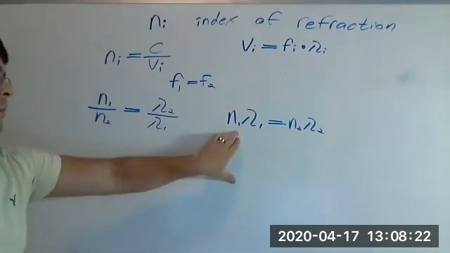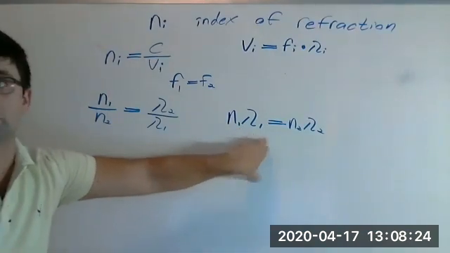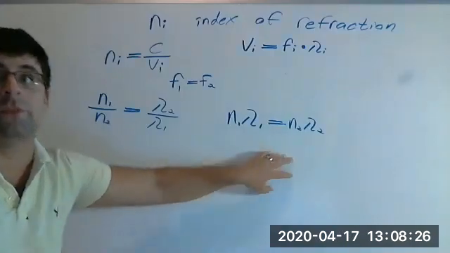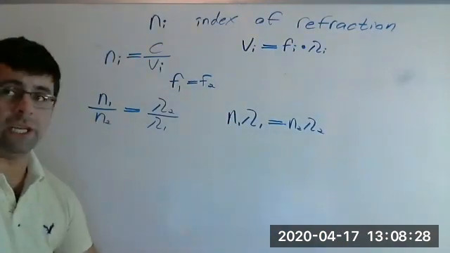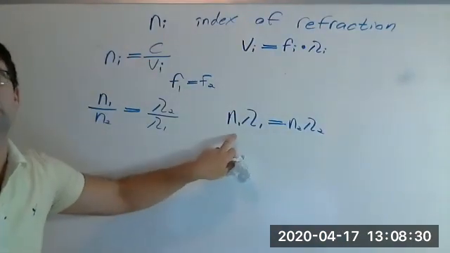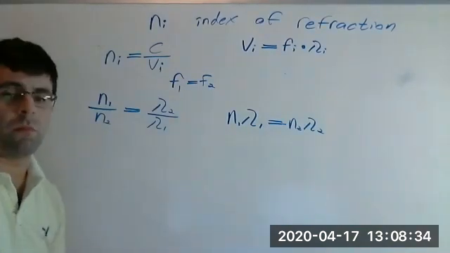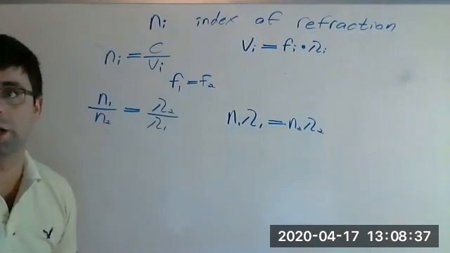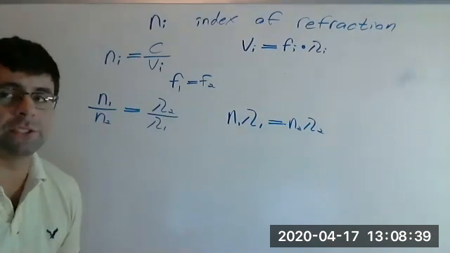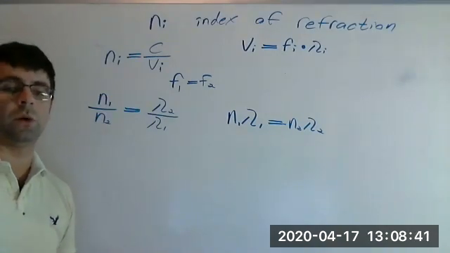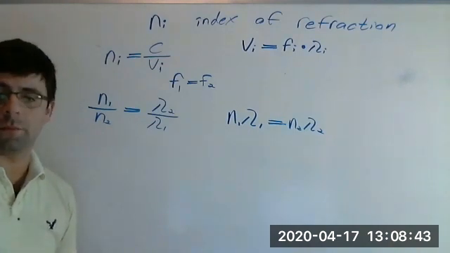You could be going from medium 1 is air, number 2 is water, could be vice versa. But the point is that N times lambda is the same for any transition.